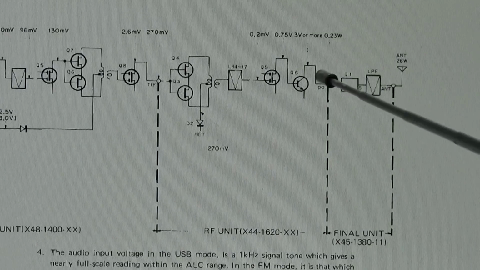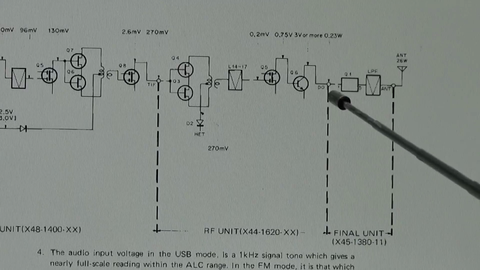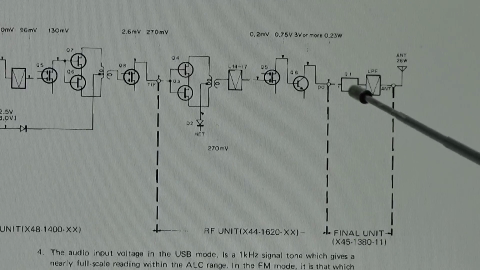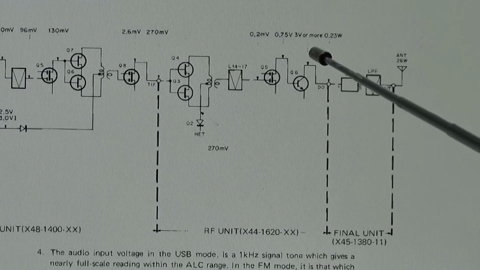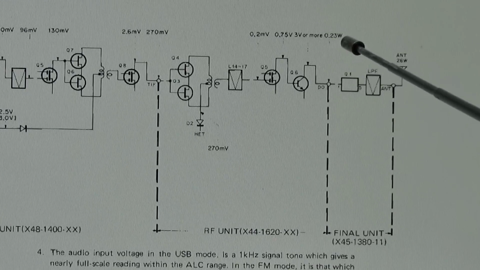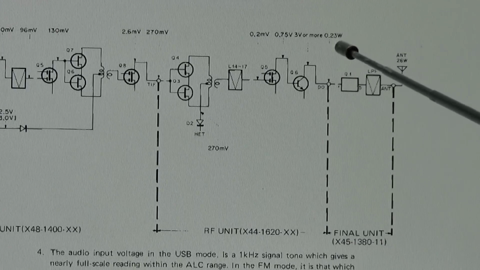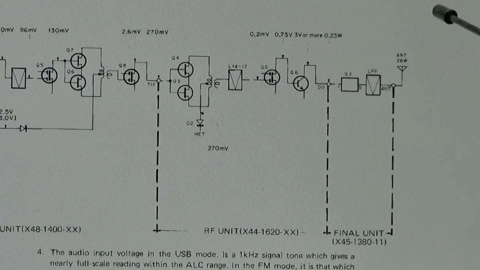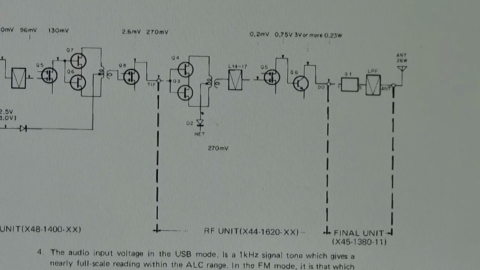Okay, and what we get here, so here we have a little arrow pointing at the output of our RF unit, and what we can read is that it should deliver at minimum 0.23 watt. That means 230 milliwatt. And that is of course something we're going to check to make sure that our output is fine.